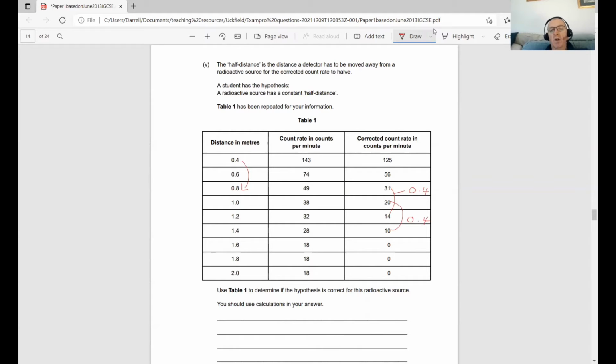That'll be 112, so that's not. So it looks like we have a constant half distance, doesn't it? 31 to 14, 20 to 10 looks like a constant half distance.